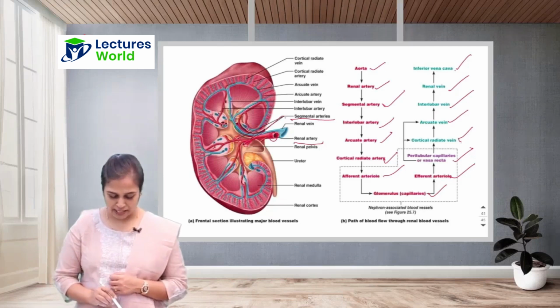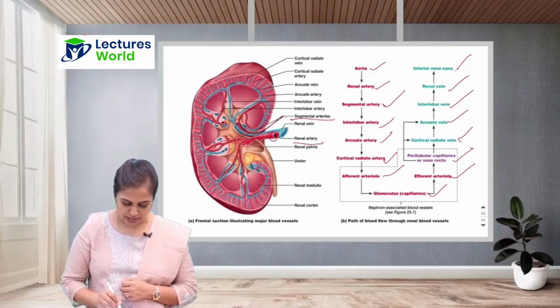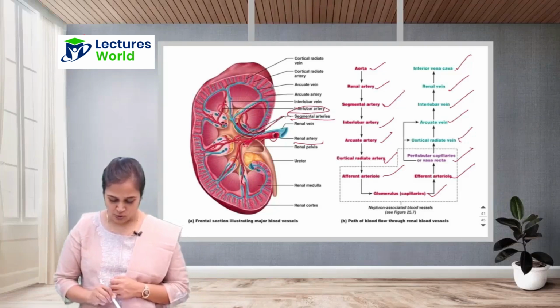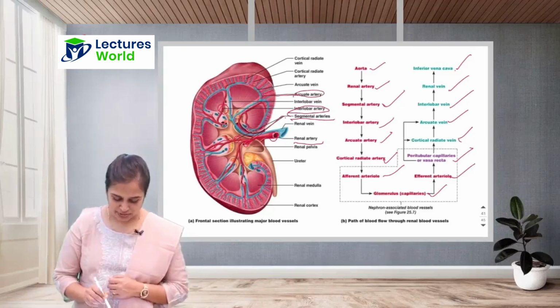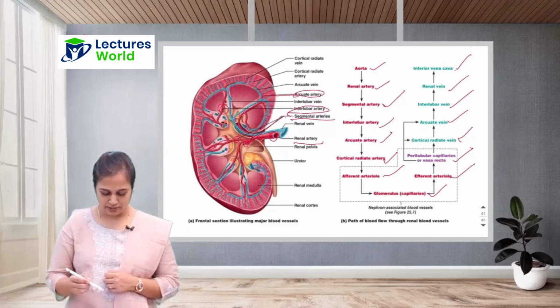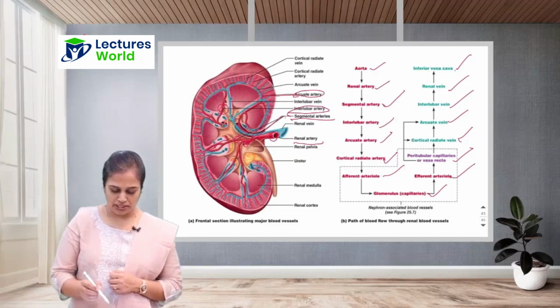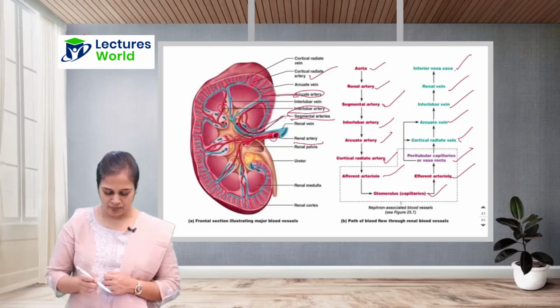From the segmental arteries, it goes into the interlobar arteries. From the interlobar arteries, it goes into the arcuate artery, and then into the cortical radiate arteries. These are the cortical radiate arteries.